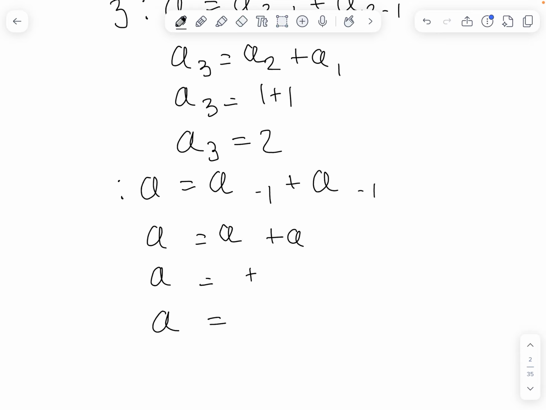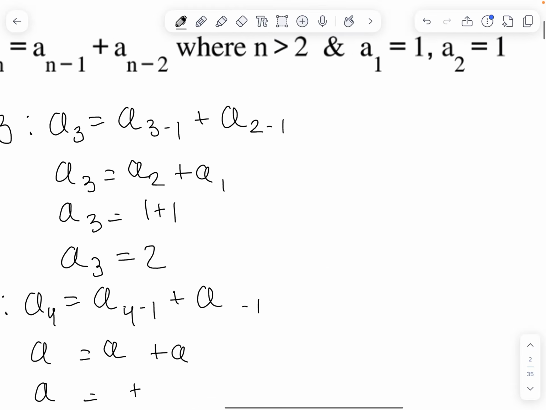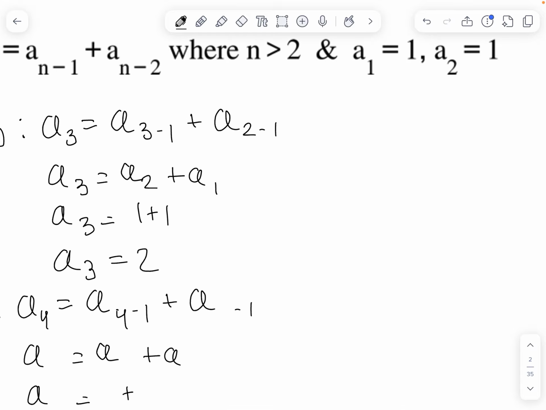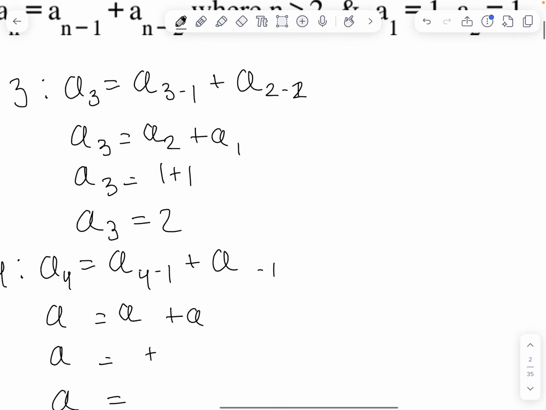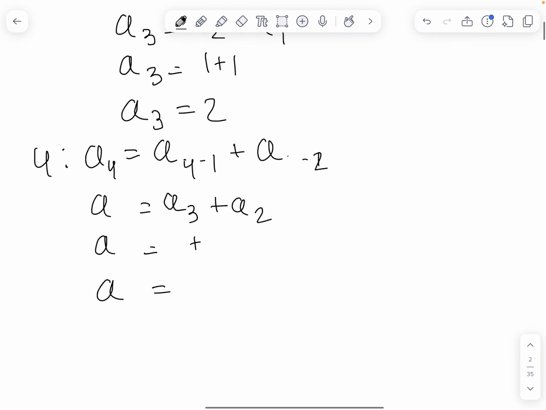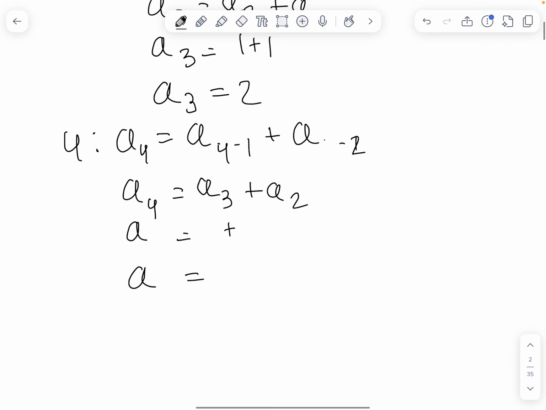And now for 4, so A of 4 equals A of 4 minus 1 plus A of 4 minus 2, so A of 3 plus A of 2 equals 2 plus 1.